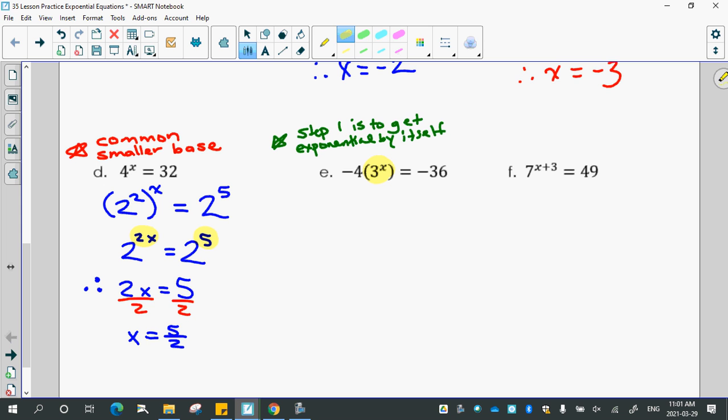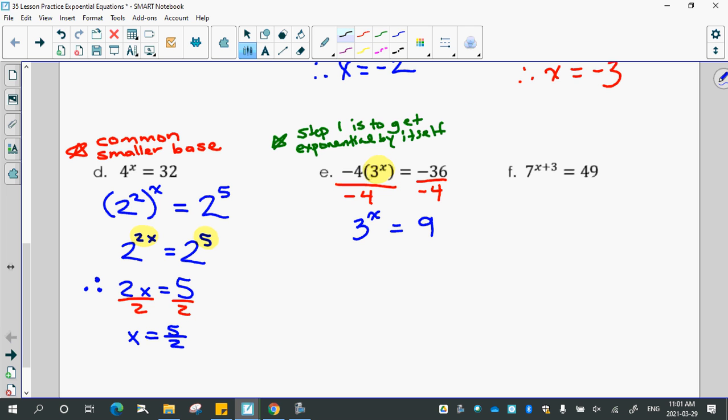So your first step would be to divide both sides by -4, so that you just have the exponential part by itself. Okay? So you just have the 3 to the x now equals positive 9.